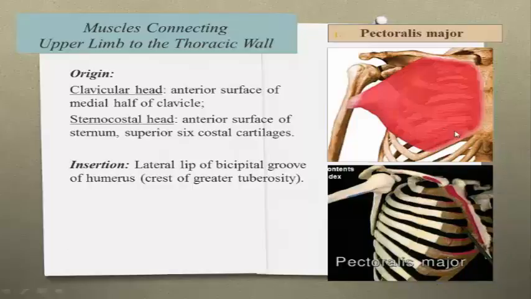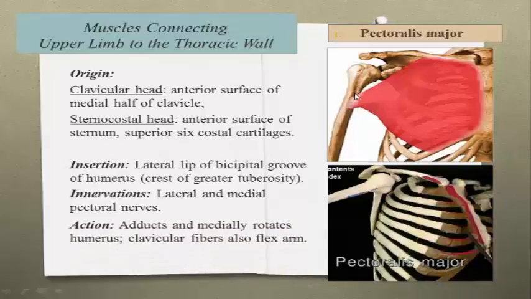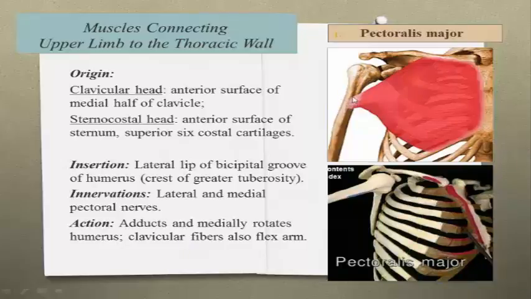The fibers of Pectoralis major converge laterally to one strong tendon, which inserts to the lateral lip of the bicipital groove of the humerus, which we also call the crest of the greater tuberosity. Here it is. The muscle is innervated by the lateral and medial pectoral nerves, and the main function of this muscle is adduction.